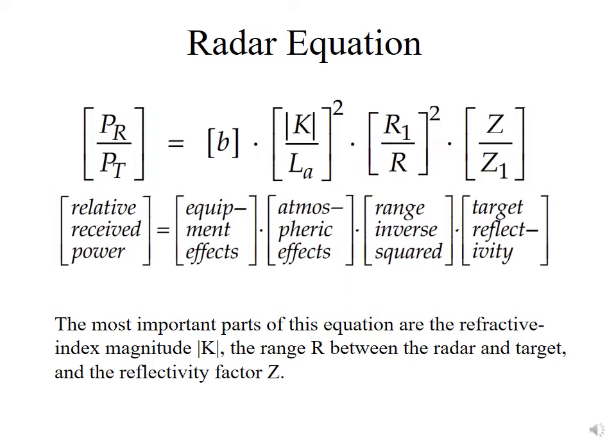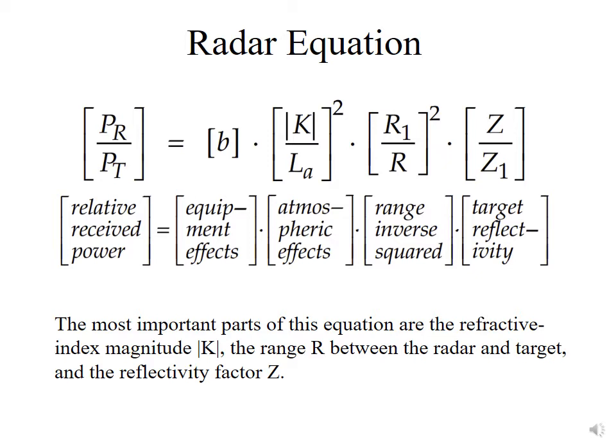The radar equation looks at the relative power received, so PR, the power received, divided by the power transmitted, PT, is equal to this constant B, which depends upon the type of radar that you're using, the power of the radar, the beam width of the radar, and the gain of the radar.